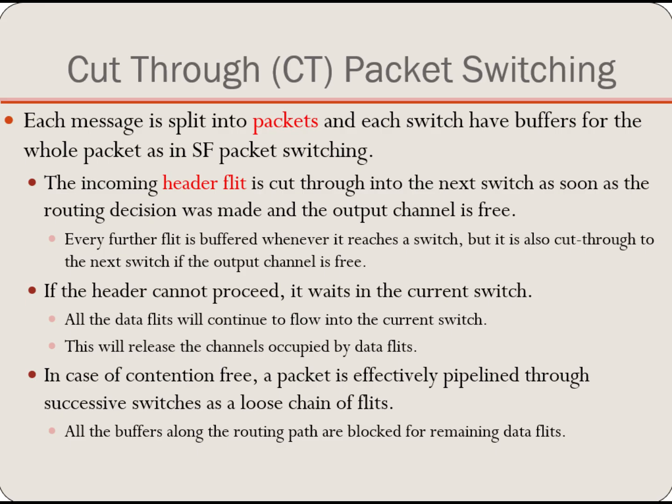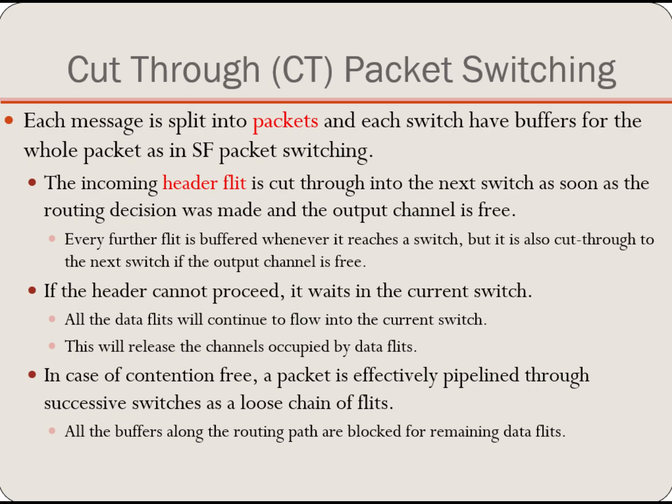If there's no contention, meaning all the corresponding links are available, then it's like a pipeline. The message delivery is one flit at a time, and they just go through like a pipe.